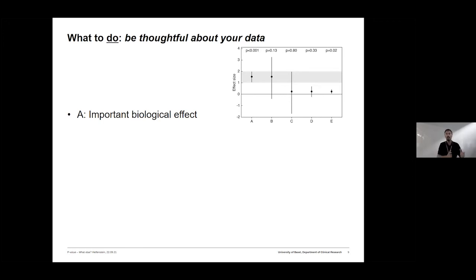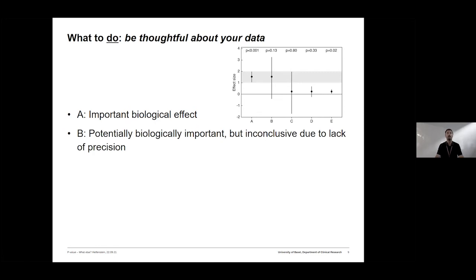It's something we have to account for in, for instance, a medical practice. In the case of the scenario B, well, potentially the effect is biologically important, but it's largely inconclusive because we lack precision.